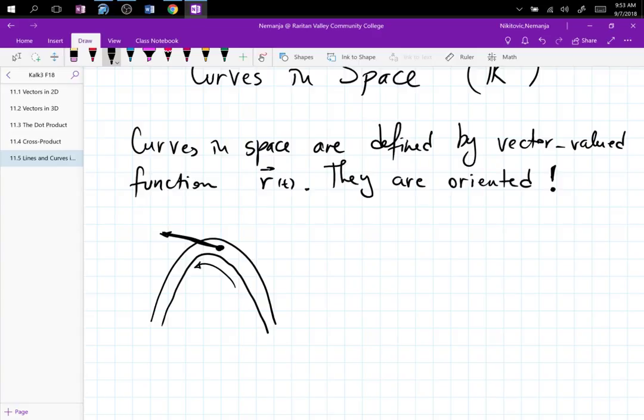So the orientation of the parametric curve tells us which way this will go, because remember, there is this as well. So now, if the car is moving to the left, it's the left vector that gives the motion. But if the car moves to the right, it's the right one.